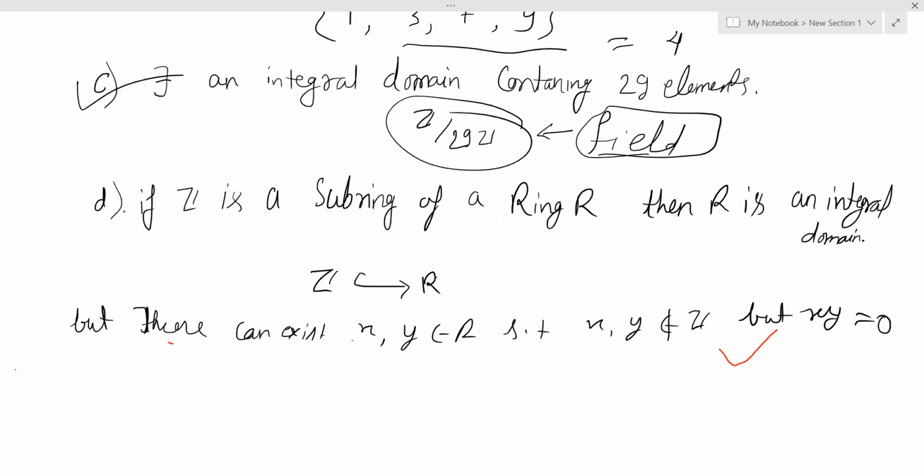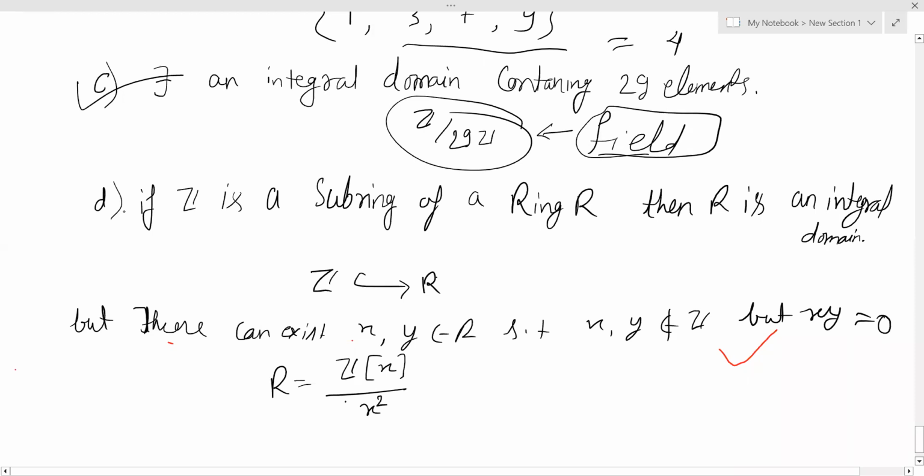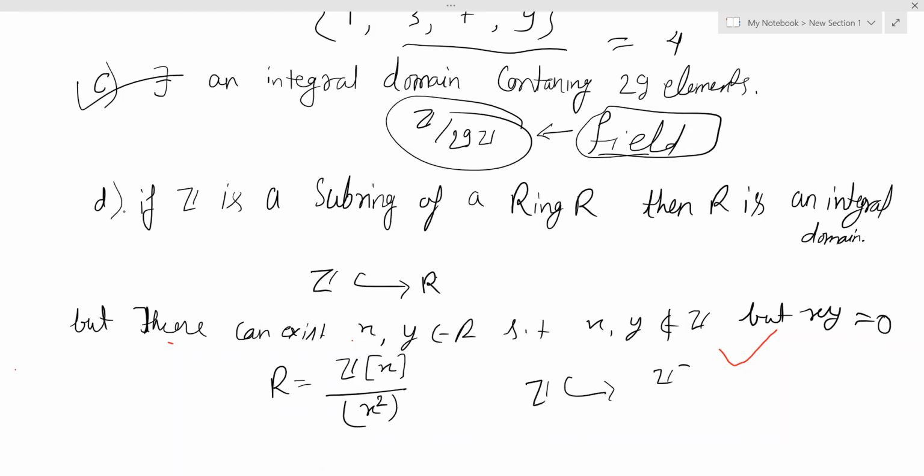So take R equal to Z[x] mod x square. Now tell me, is Z a subring of this ring? Because from Z to Z[x] mod x square there is an inclusion ring homomorphism, right? 1 goes to 1, 2 goes to 2, because 2 is an element of Z[x], 3 is an element of Z[x], but quotienting by x square just kills the ideal generated by x square, nothing else.